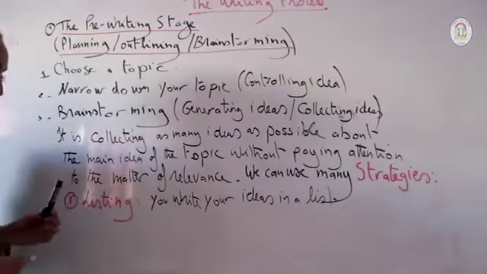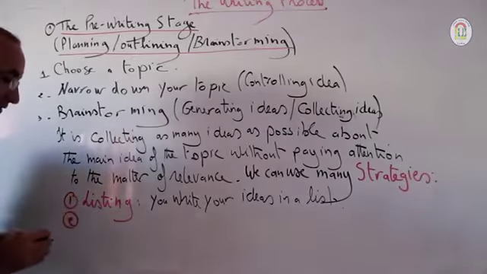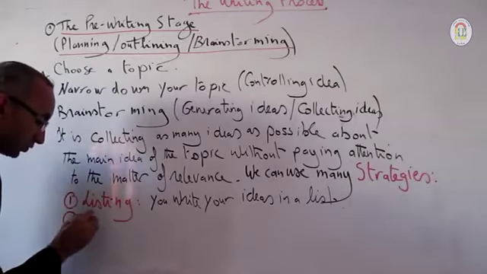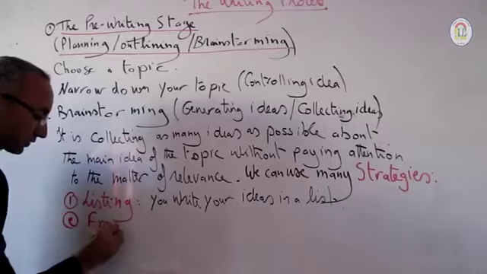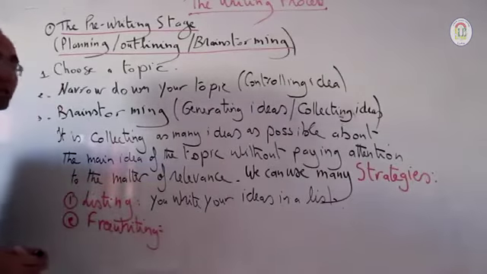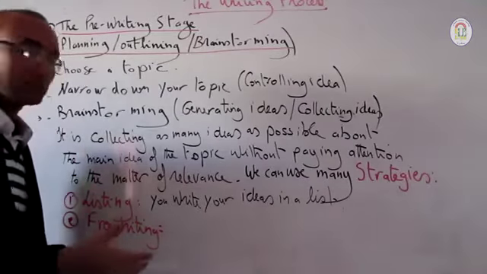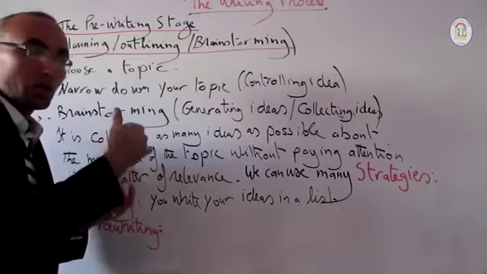Also, we have number 2. Second strategy we can adopt is free writing. Here, write down all your ideas that come to your mind in the form of a long piece of writing.